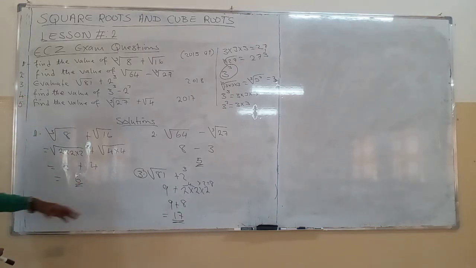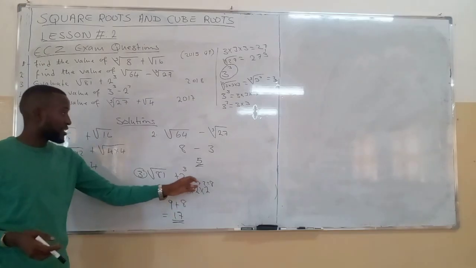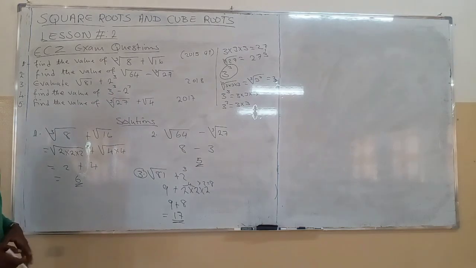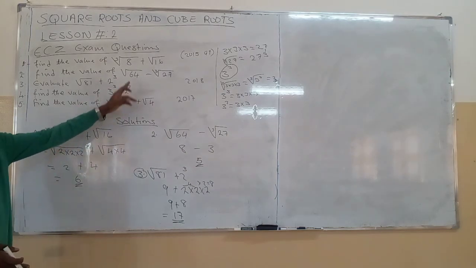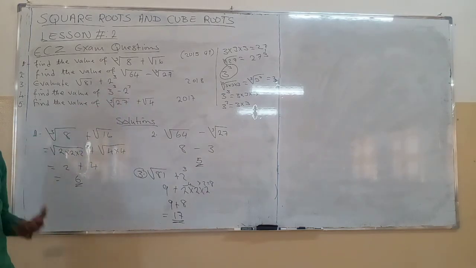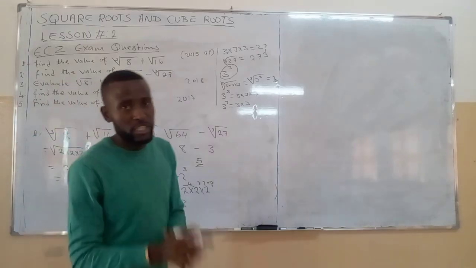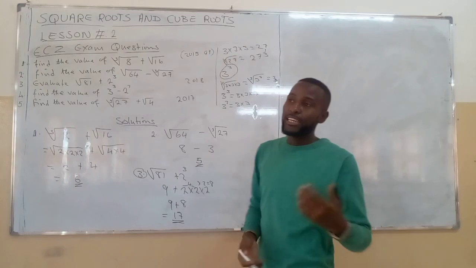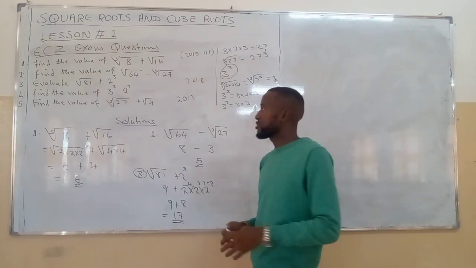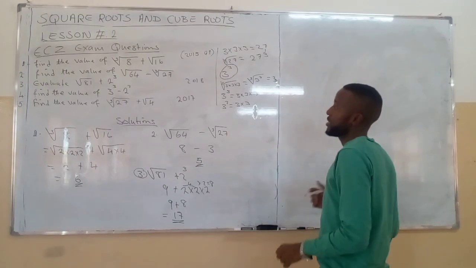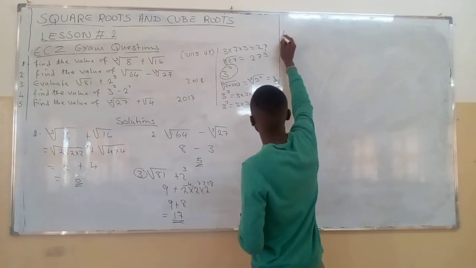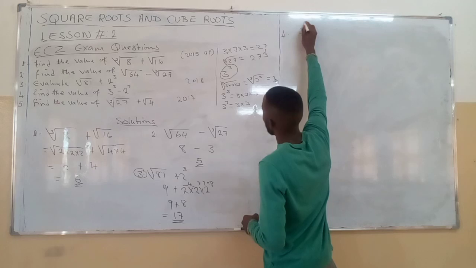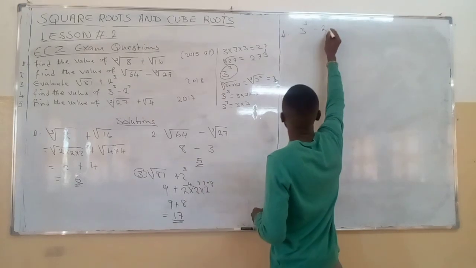Now, question number 4 is similar to what we have done here. They have said 3 to the power 3 minus 2 to the power 2. This question is preparing us for index notation, indices. So if you can solve this question now, indices will just be a simple thing that we'll look at in a day. So now let's see how we can answer question number 4. They need us to find 3 to the power 3 minus 2 to the power 2.